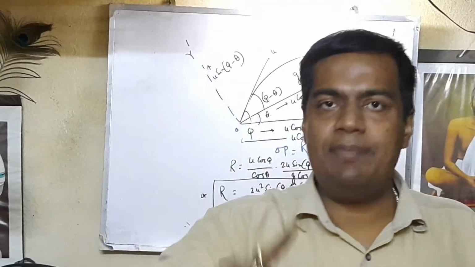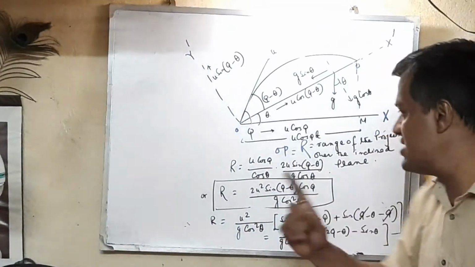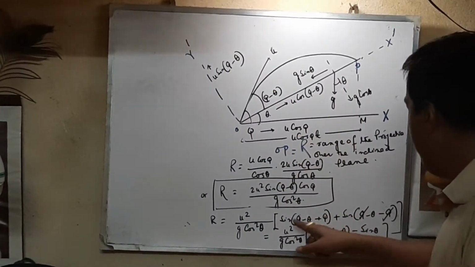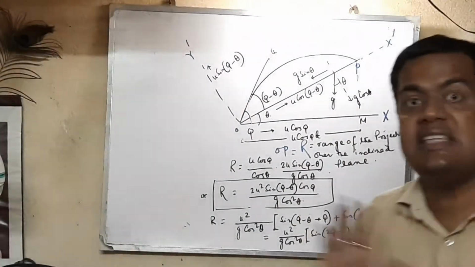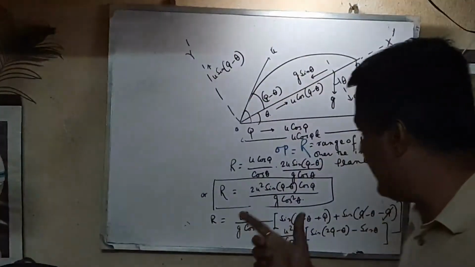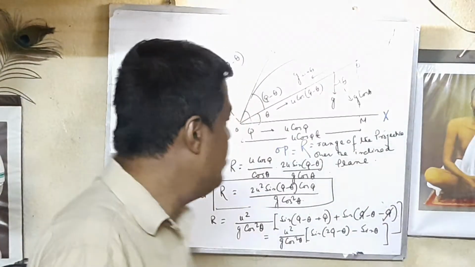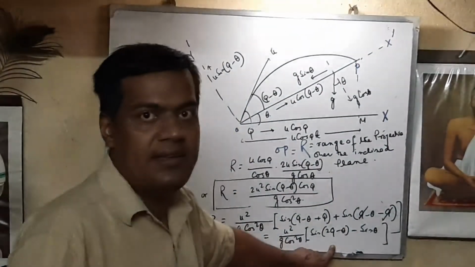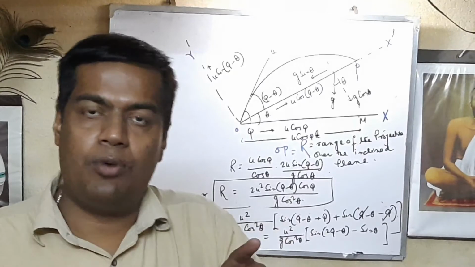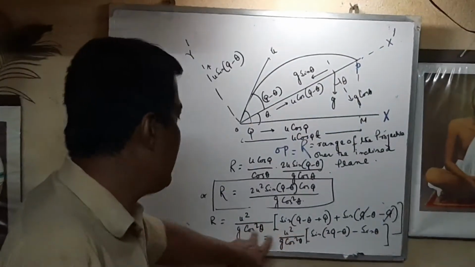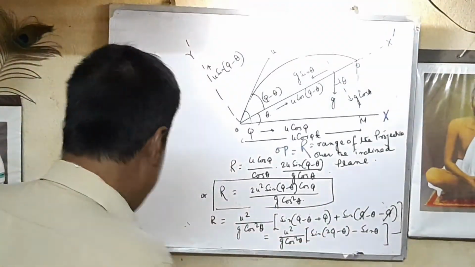The angle of inclination of the inclined plane is also constant. So in order to maximize the range, you need to change the angle phi. Now you have to find for which value of phi the range is maximum. It is very easy from the figure.